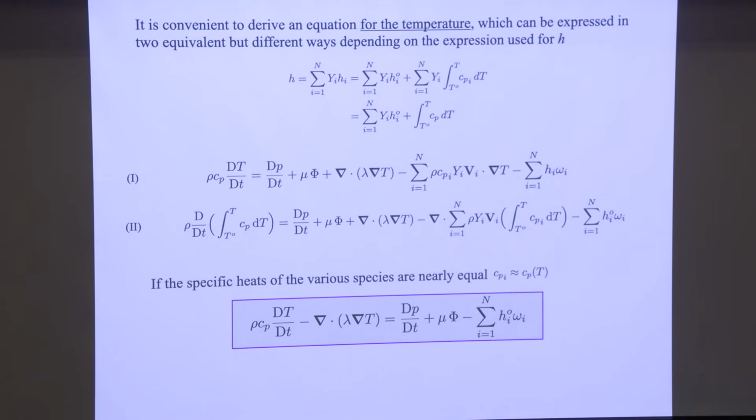Right, this originated from the enthalpy equation, and that's why what you have here is dT/dt and dp/dt. If it originates from the internal energy, it has a different form. And then the viscous heating and the term that comes from the reaction, which we will discuss later in more detail once we talk about chemical kinetics.